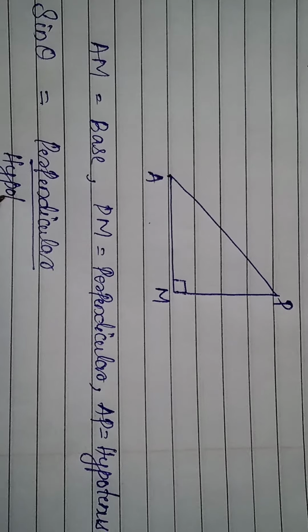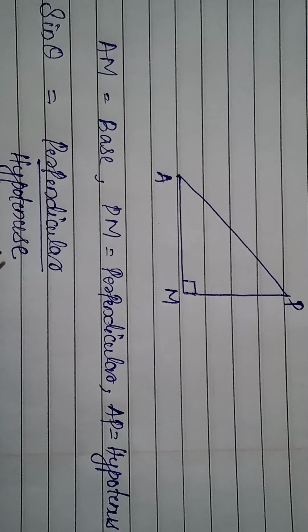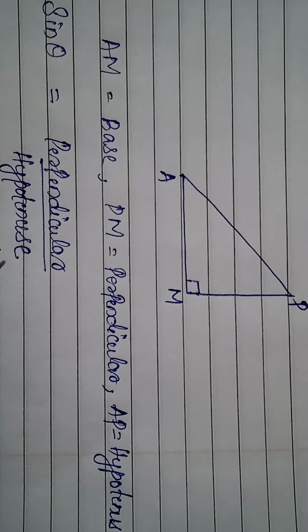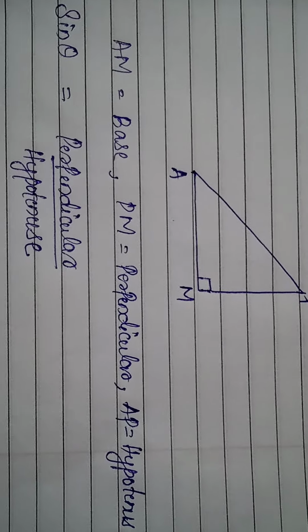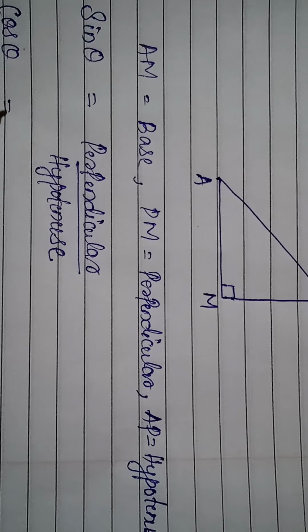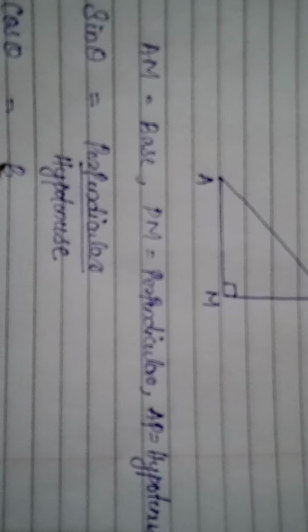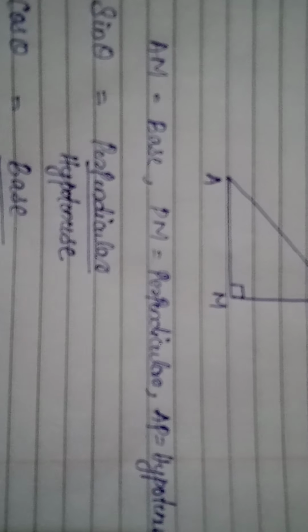Understood? Next one is cosine theta, or we call it cos theta. Cos theta equals base by hypotenuse.